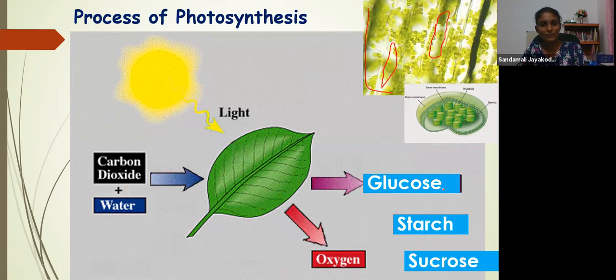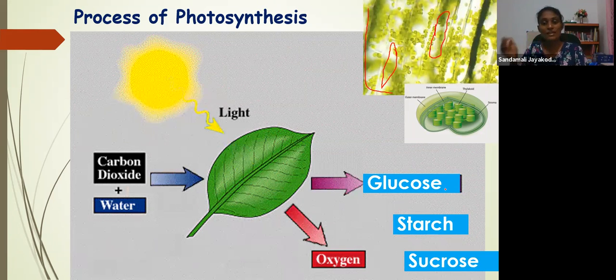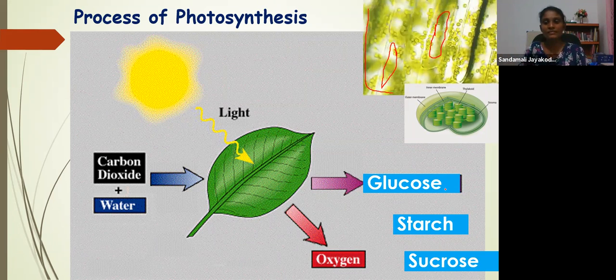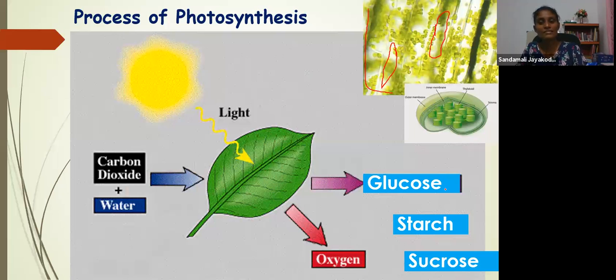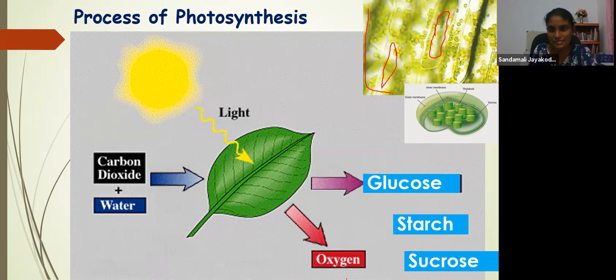In the process of photosynthesis, the glucose is the sugar or the carbohydrate which is produced at first. And then this glucose is converted into another type of carbohydrate named as starch. So it is given here.